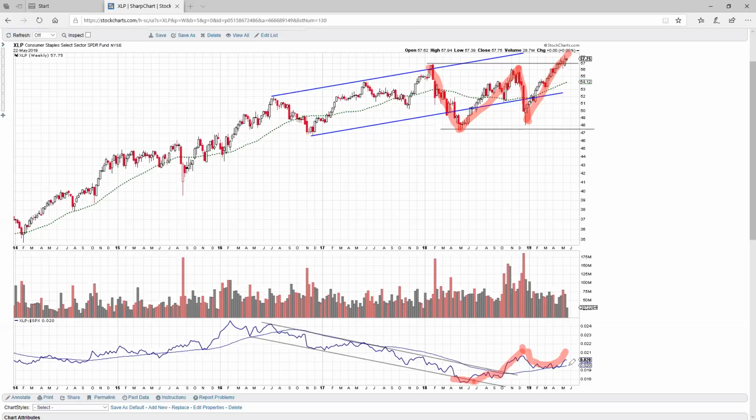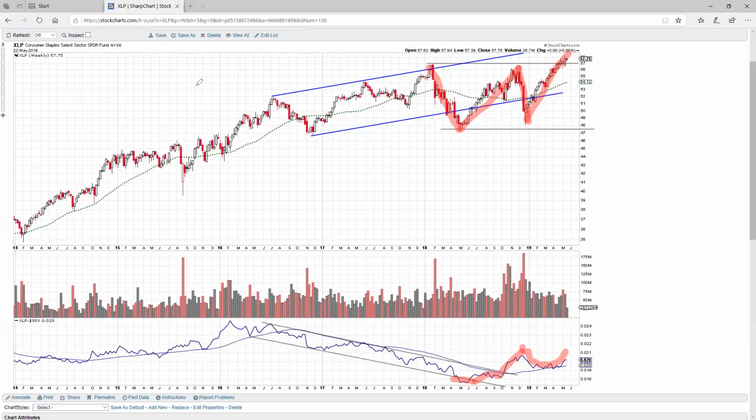The moving average is rising. Relative strength is above its moving average. That's also the case with price. Price is above its rising moving average. This is an in-gear industry group or sector. And look at how well the staples rallied in the first quarter. This was really just a terrific rally.